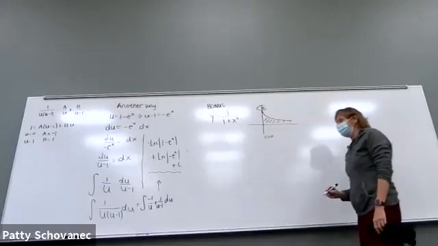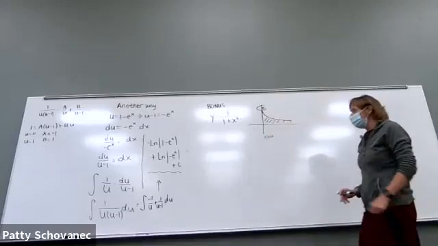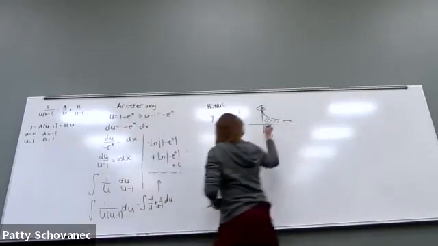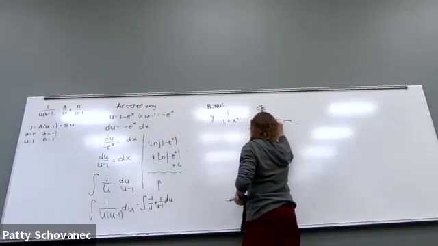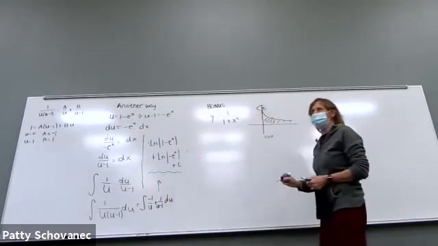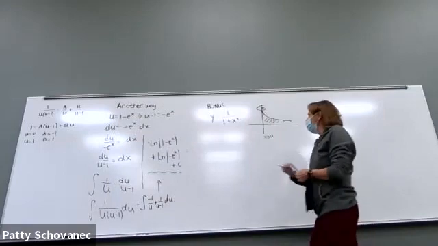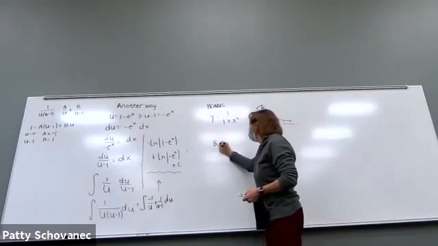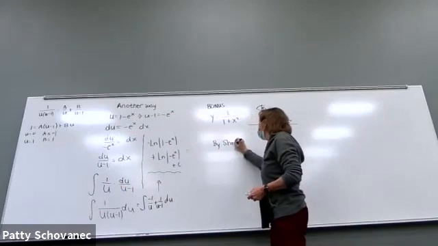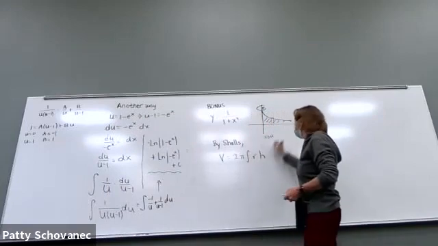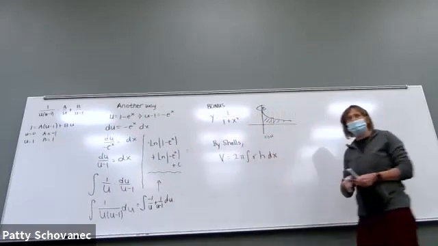So if you just did a regular old dx integral, then you've got your partitioning element parallel to the axis of revolution, which gives us the method of shells. So by shells, the volume is equal to 2 pi integral of r times h, and in this case, dx.